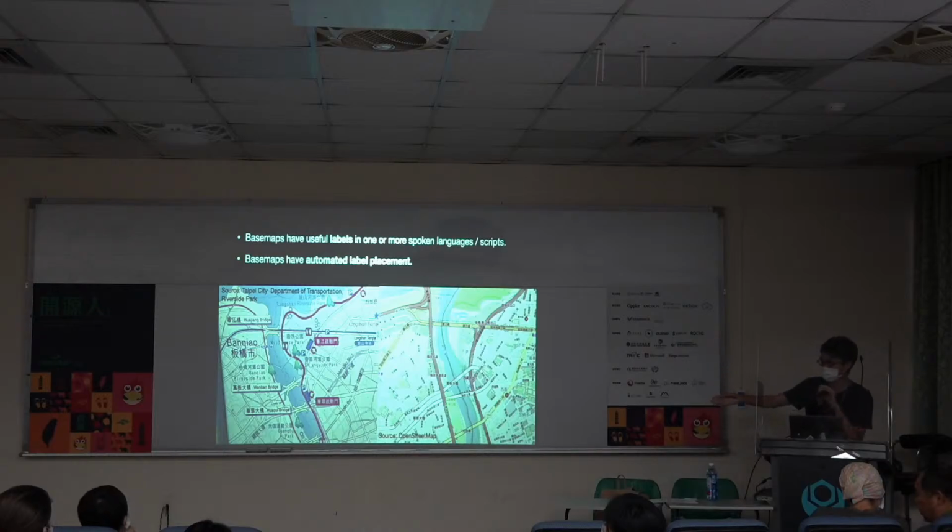So that's probably someone in Photoshop or in Illustrator that designed the map in that way. And for the base maps we're talking about here, they all have automated label placement. So on the right is OpenStreetMap, the Carto layer. And you can see that in general, when there's a road, there's an automated placement of the name on the road.